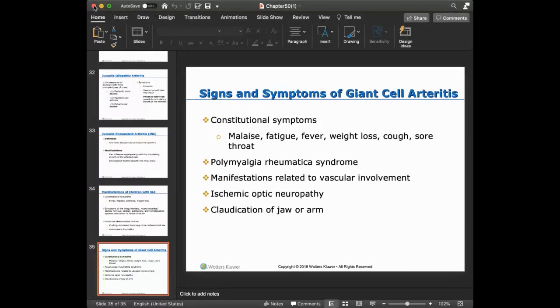Chapters 49 and 50, disorders of the musculoskeletal system and rheumatic disorders. So disorders of musculoskeletal function related to trauma, genetics, and structure, and then disorders of the musculoskeletal system related to rheumatic disorders. So 43, 45, male and female reproductive, and then 49 and 50, musculoskeletal is our exam. Those are the chapters on exam 3.